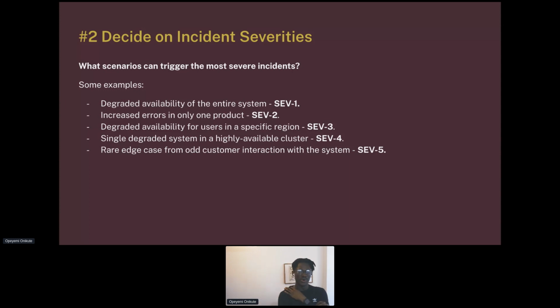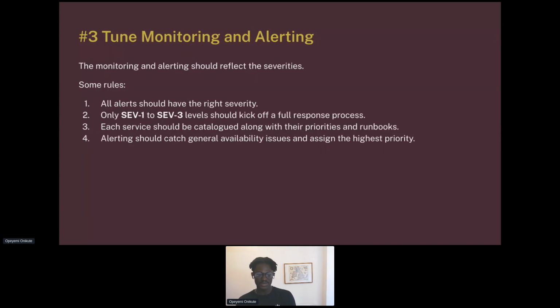In this step, you are setting up the foundation for the company to know what is a very serious incident. So this is where you are going to say, these are the servers I have, these are the products I have. If this goes wrong with this product, this is a Sev 1, this is a Sev 2, that kind of thing. Again, you can look at the examples of severities and map it to your company. But yeah, this is the next important step.